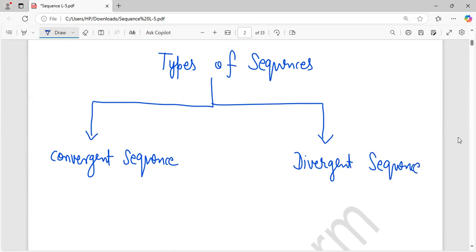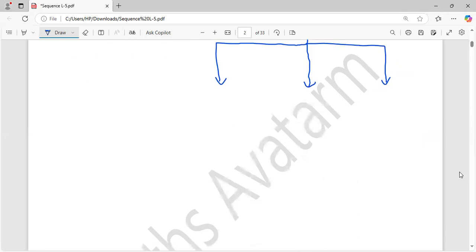Now, divergent sequences are of three types. Diverges to plus infinity.